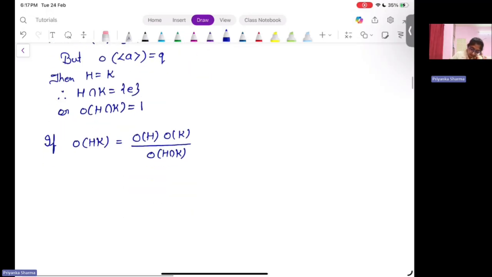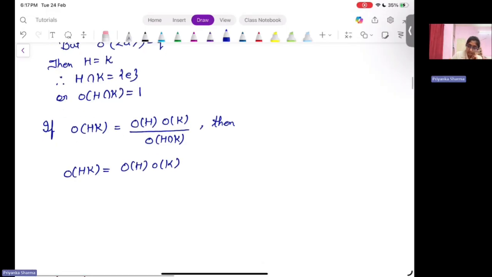Now, order of H intersection K is 1. This gives us order of HK is order of H times order of K, and both are Q. So this will be Q square.